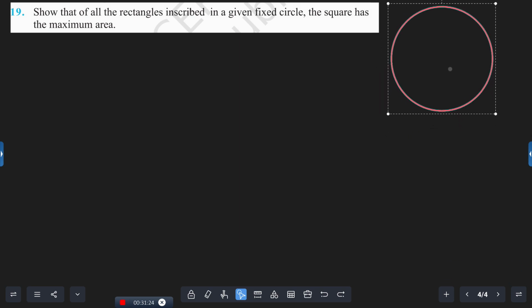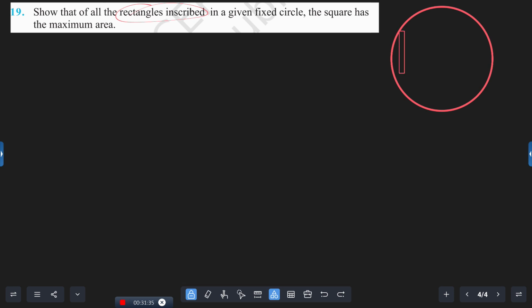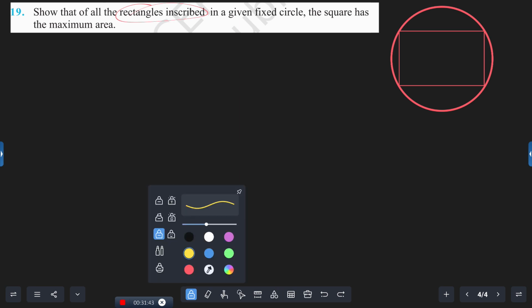There is a rectangle inscribed, which means the rectangle you have to draw. See, the rectangle is inscribed, inside this circle there is a rectangle.